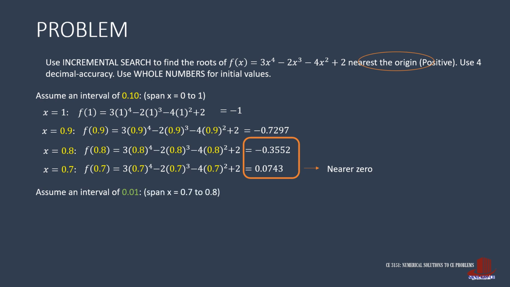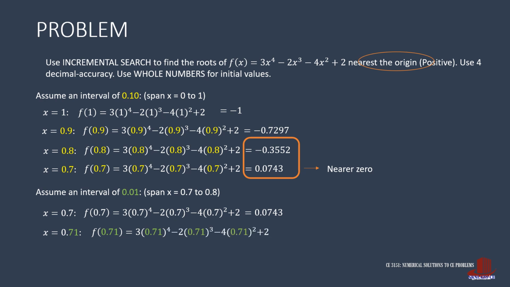Say we work on 0.01 for the span of 0.7 to 0.8, where we use 0.7 as the starting limit. With x equal to 0.71, the function is 3 times 0.71 raised to 4, minus twice of 0.71 cubed minus 4 times 0.71 squared plus 2, giving 0.030128. Continue with the next increment of x, which is 0.72.